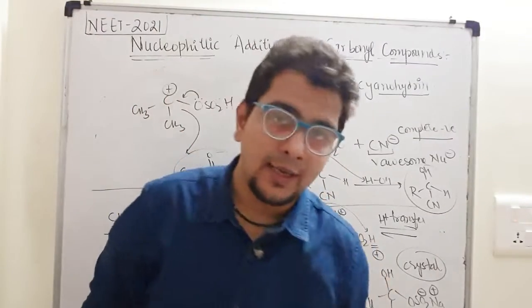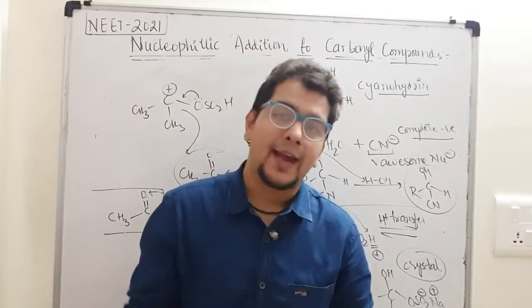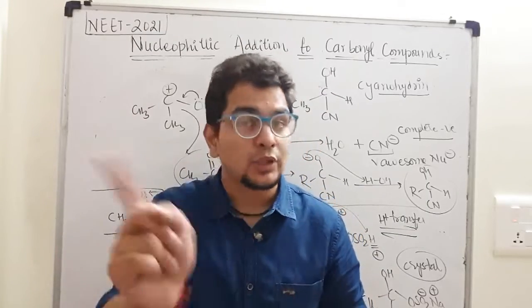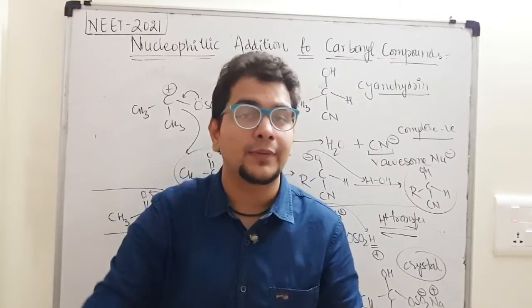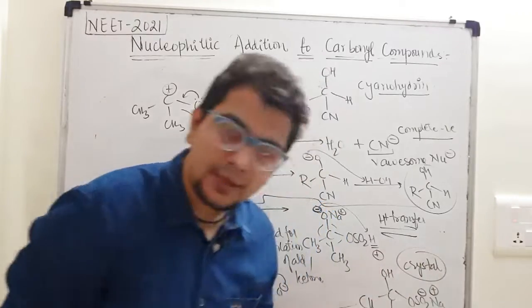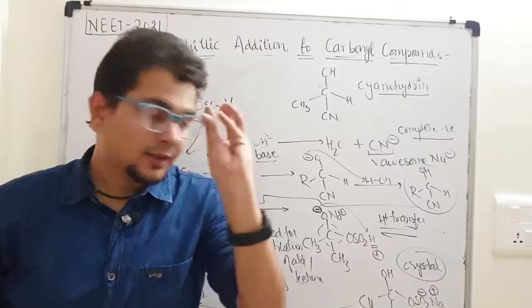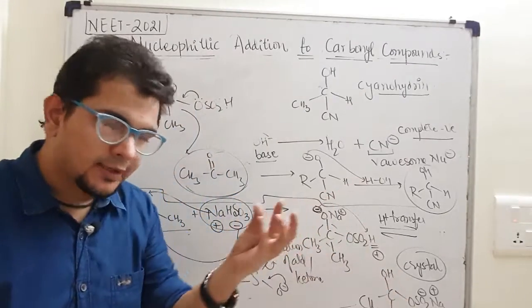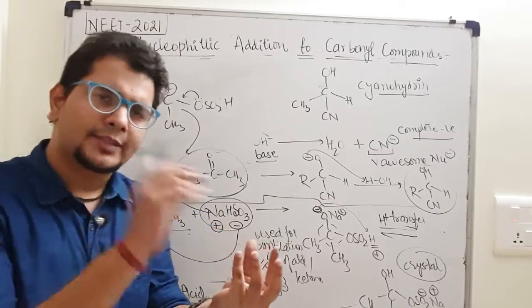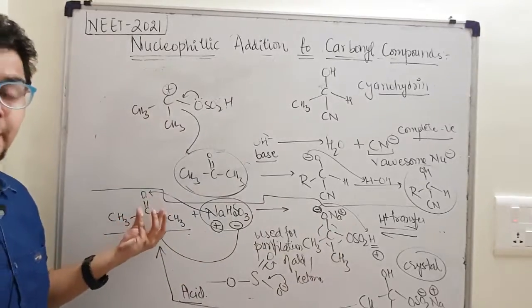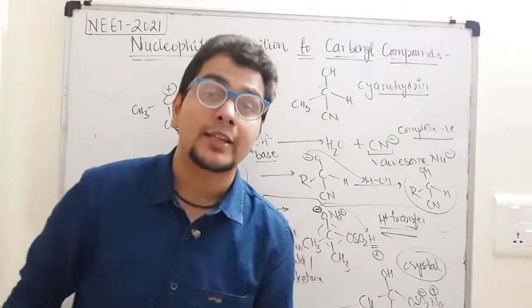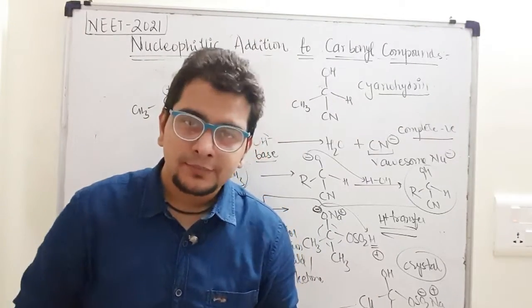You want to separate aldehyde from impurity. Add NaHSO3. NaHSO3 will not react with the impurity, it will react with aldehyde or ketone, forming crystal. Pour the liquid out, take the crystal out. You got the crystal. Now take the crystal in a new container, sprinkle some acid over it, you will get the ketone back. But this time pure ketone. Where are the impurities? Gone in the liquid.